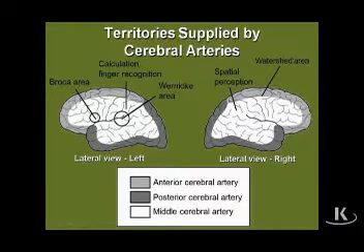Note that branches of that middle cerebral artery do not actually reach any point where we reach the margin of a hemisphere, because creeping over the superior and anterior part of a hemisphere as well as the posterior and inferior part are branches of either the anterior cerebral artery or the posterior cerebral artery that supply little strips of cortical areas near the margins.